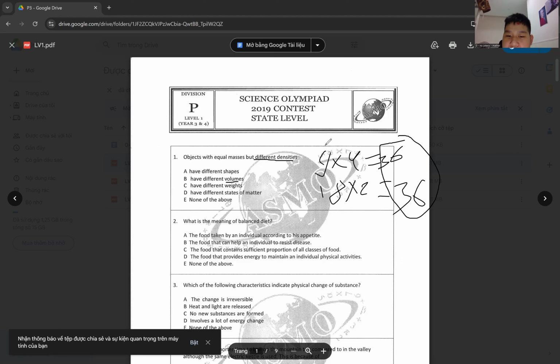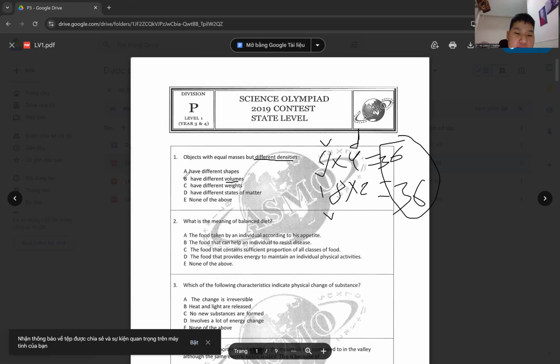So imagine this as your volume, and imagine this as your density. As you can see, you need way less volume for more density so you could get the same mass, and you need way more volume if you want the same density.